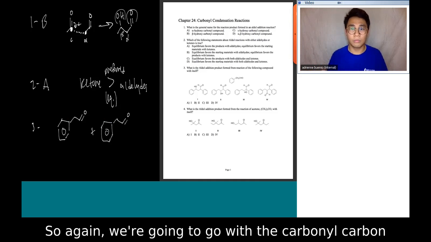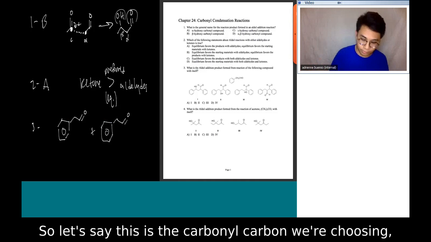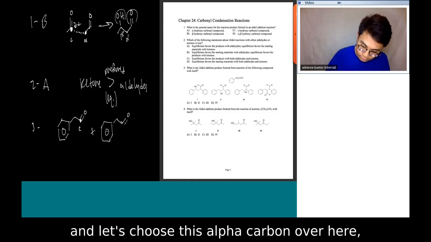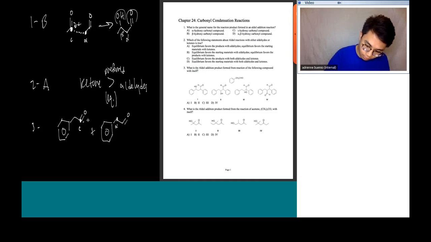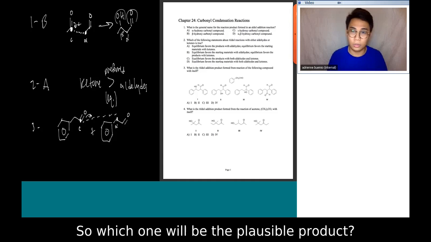So again, we're gonna go with the carbonyl carbon to the alpha carbon, right? So let's say this is the carbonyl carbon we're choosing, and let's choose this alpha carbon over here, and they're gonna bond somehow, right? So which one of these is the possible product?